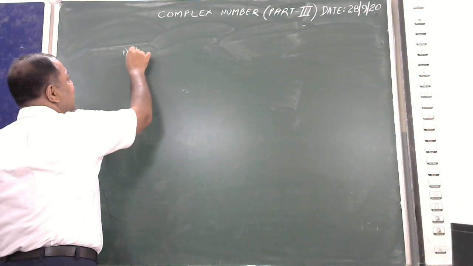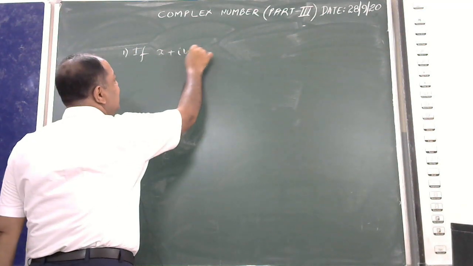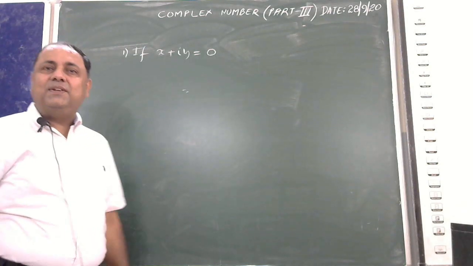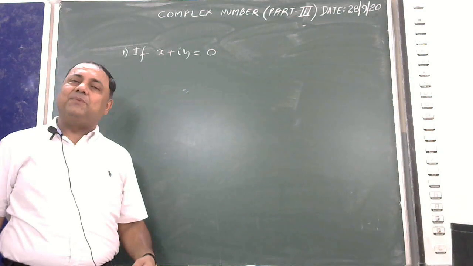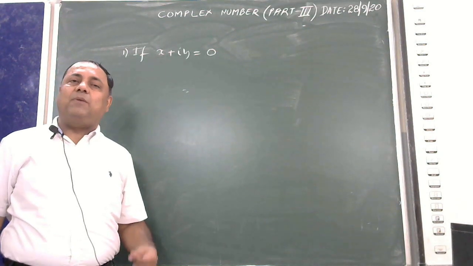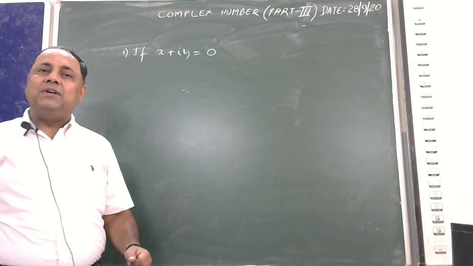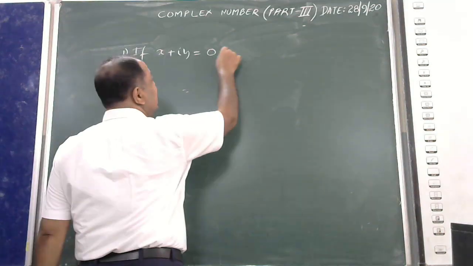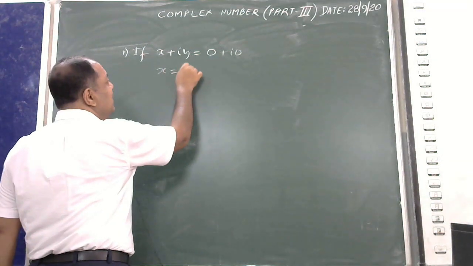if x plus iy is equal to 0, where x is real and y is real, x plus iy is a complex number, and if it is equal to 0, then you can write this as x plus i0.